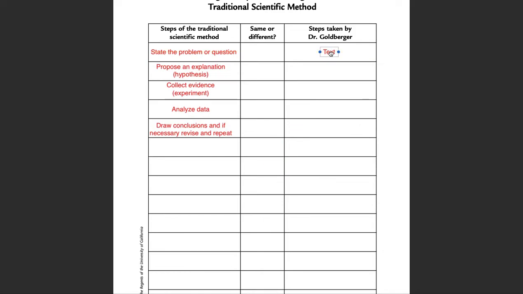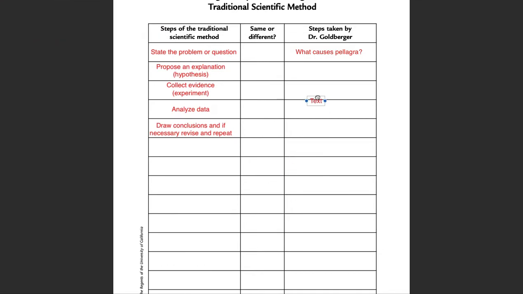First, what was the problem or question that Dr. Goldberger was trying to solve? Well, he was trying to figure out what causes pellagra. That was obviously the main problem. Then, what was his hypothesis for the cause of pellagra?